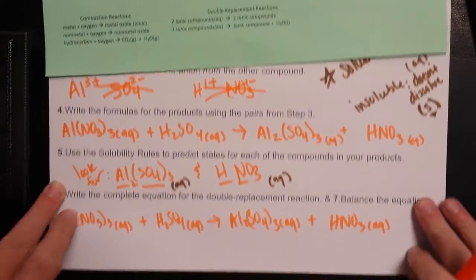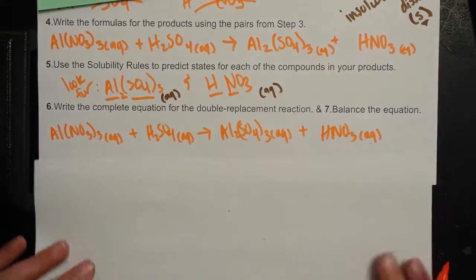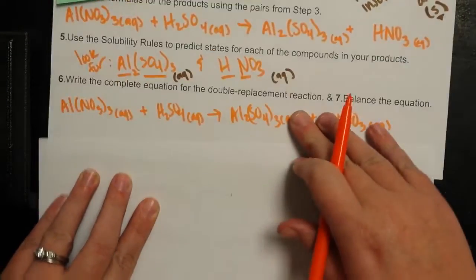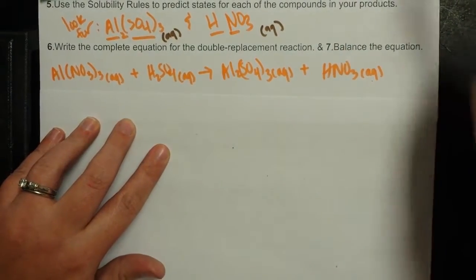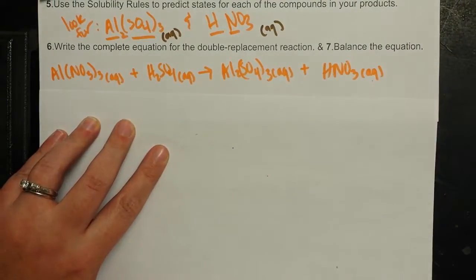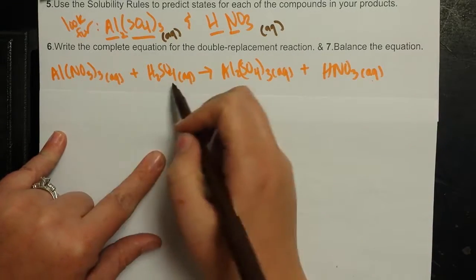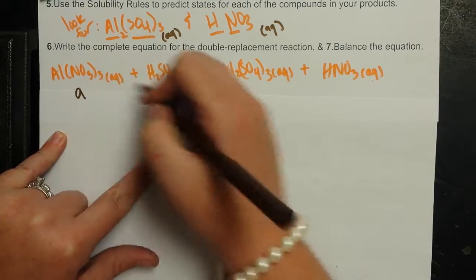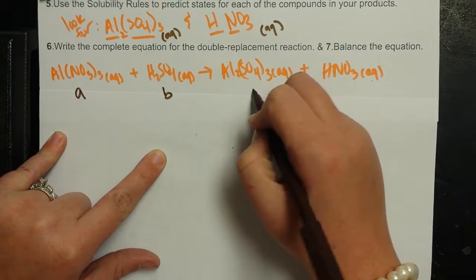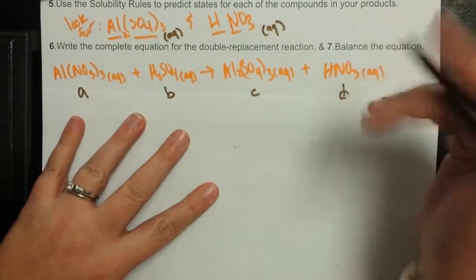Okay, we need to balance the equation now. So I'm going to use this piece of paper as some kind of extra scratch paper. Okay, and I'm going to do this the method we talked about in class today, just to give some extra practice. So since each of these substances are different, I'm going to name them substances A, B, C, and D. This is not going to be fun.